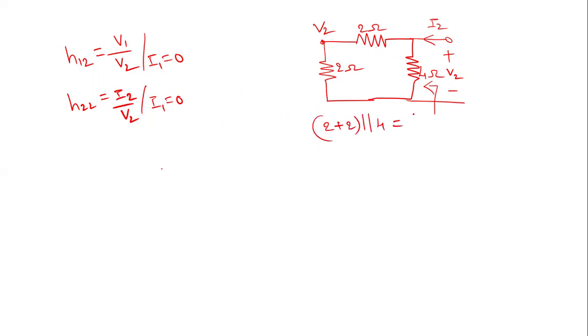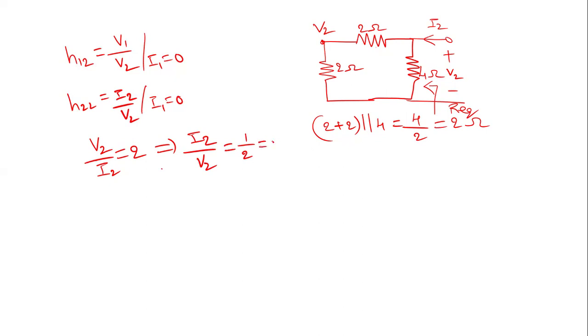So 4 parallel with 4 is 4 by 2, that is 2 ohms. So R equivalent at the output terminals is 2 ohms. So V2 by I2 is 2, which implies I2 by V2 is 1 by 2, that is 0.5.